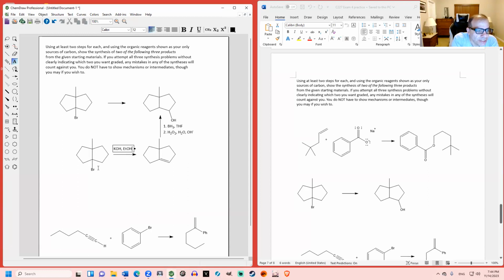First, elimination of the bromide to make an alkene using an E2 reaction. So you'd write 1. KOH, EtOH, 2. BH3, THF, 3. H2O2, H2O, and OH minus. Or you could write it out like this. This is totally fine also.